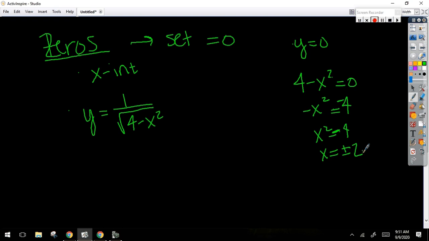Whenever you're talking about the zeros, you just set y equal to 0. No, because we don't really do too much with y-intercepts. We're just looking at the x-intercepts. The zeros are really important there. All right, so the bell is fixing to ring. It's actually going to look like this.